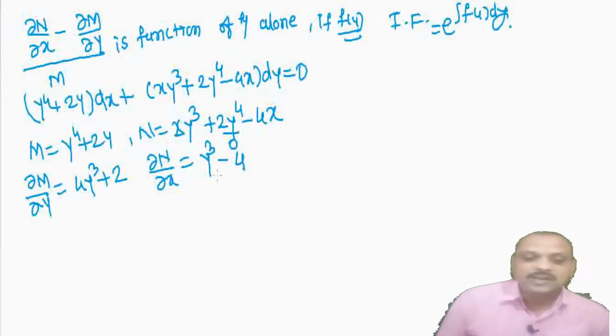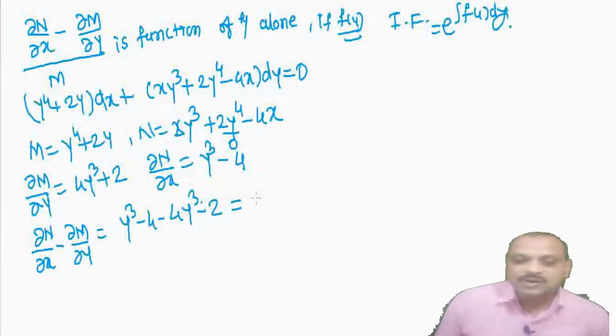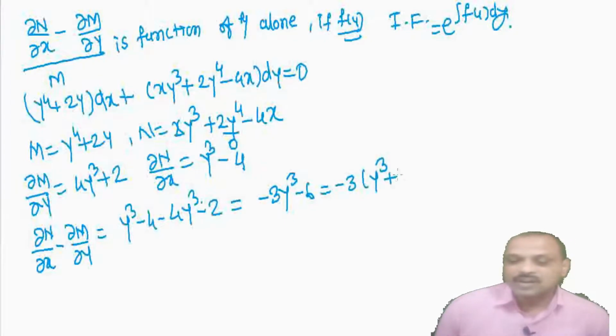Now let us calculate del n by del x minus del m by del y. This is equal to y cube minus 4 minus 4y cube minus 2, equal to minus 3y cube minus 6, equal to minus 3 common y cube plus 2.